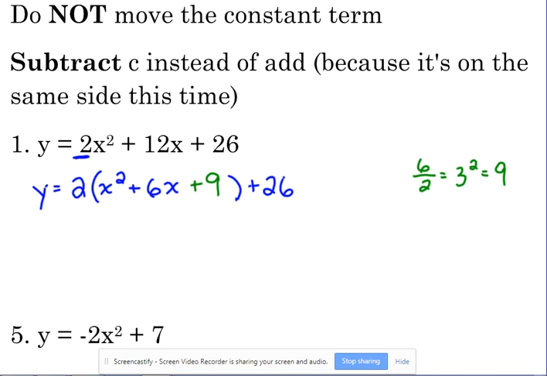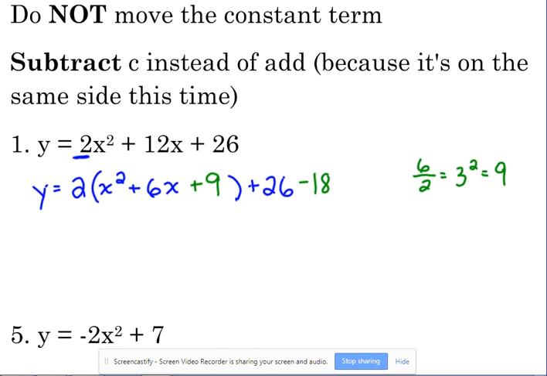What did we have to do when we had a number in front? We had to multiply, right? 2 times 9. Now we're not doing it on the other side, so we have to keep things balanced and we've got to subtract it. We subtract the 18 this time because what we've done is we've added 18 right here with the completing the square.